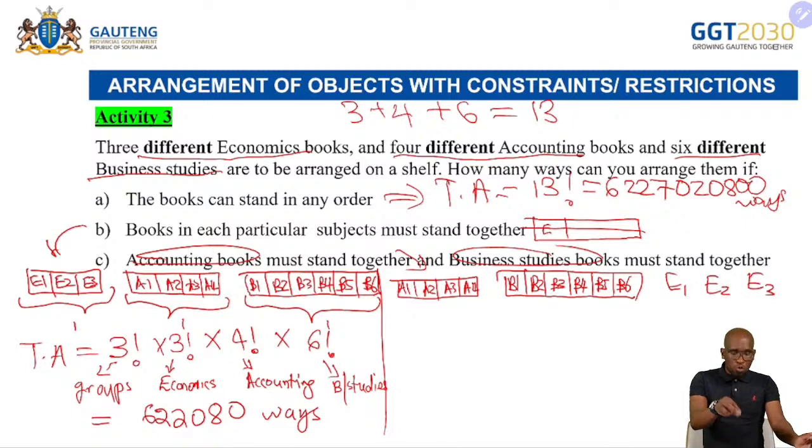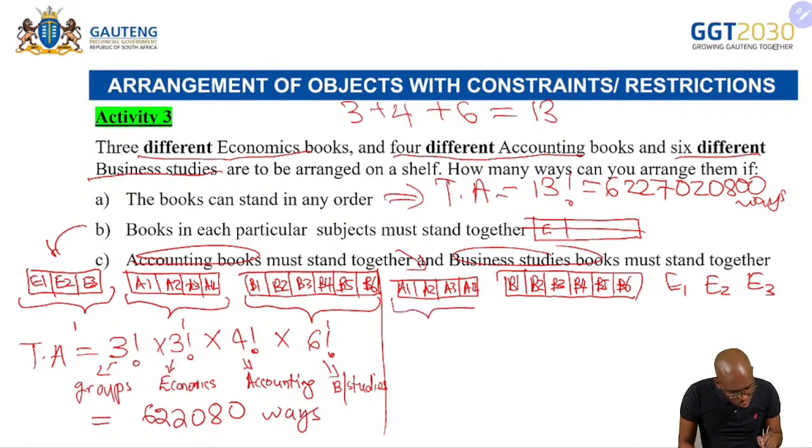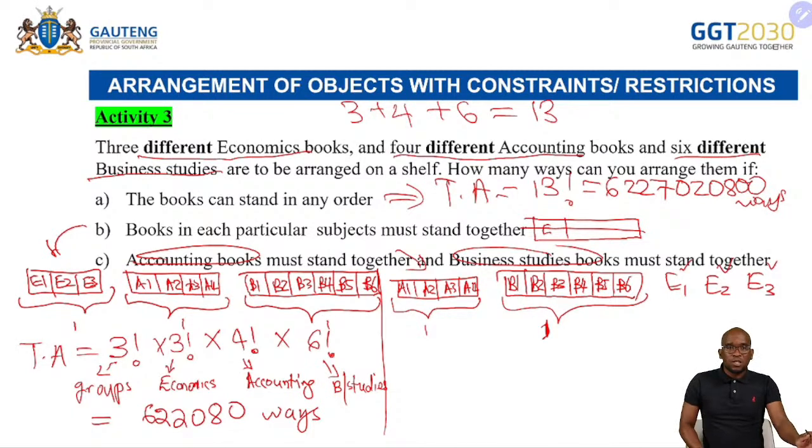They are not grouped, because it's only accounting books and business studies books that must stand together. So we treat this one as one object and this one as another object. So we have 2 objects, and then 3, 4, 5 objects to arrange.